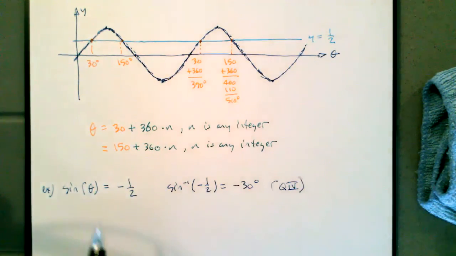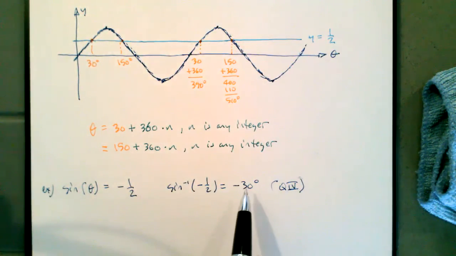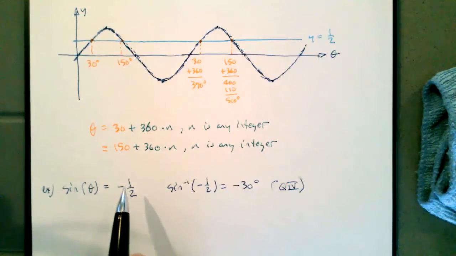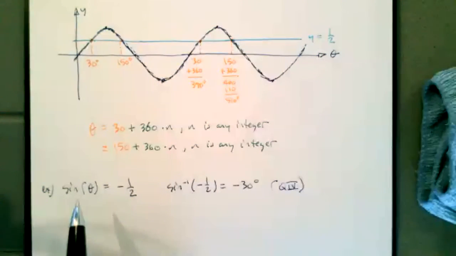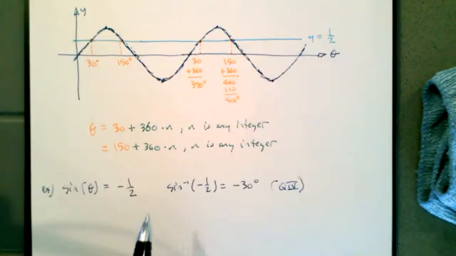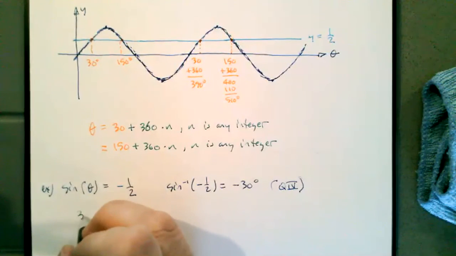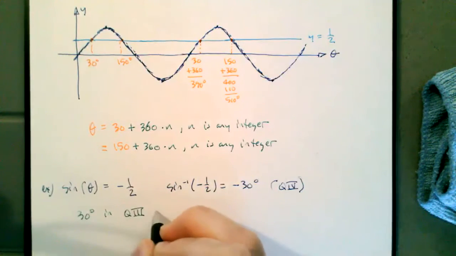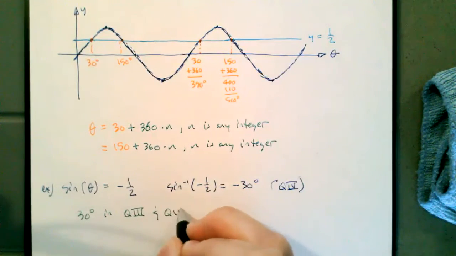What we're looking for, if sine of theta is negative 1/2, the sine and the 1/2 tell us that we're dealing with a 30-degree reference angle. Sine being negative means we're in the third quadrant and the fourth quadrant. So we need a 30-degree reference angle in quadrant 3 and quadrant 4.